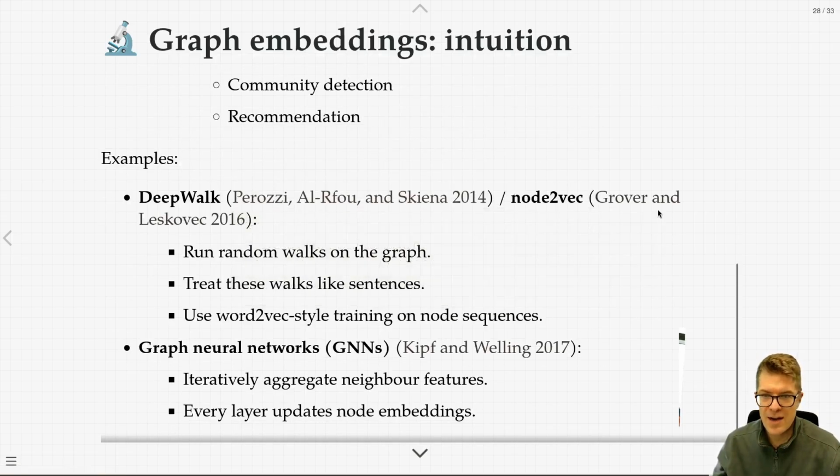DeepWalk and Node2Vec are foundational papers in learning embeddings, vector representations of graph data. This involves taking random walks in the graph, treating them like sentences in our previous conception, and then doing Word2Vec-style training on node sequences. Graph neural networks are also extremely popular.